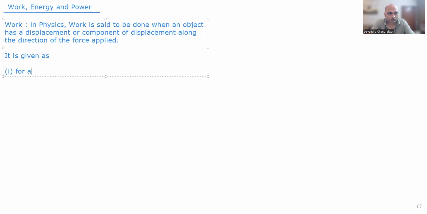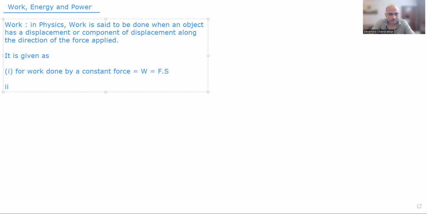For a constant force, the work done by a constant force is equal to W, which is equal to F dot S vector, right?